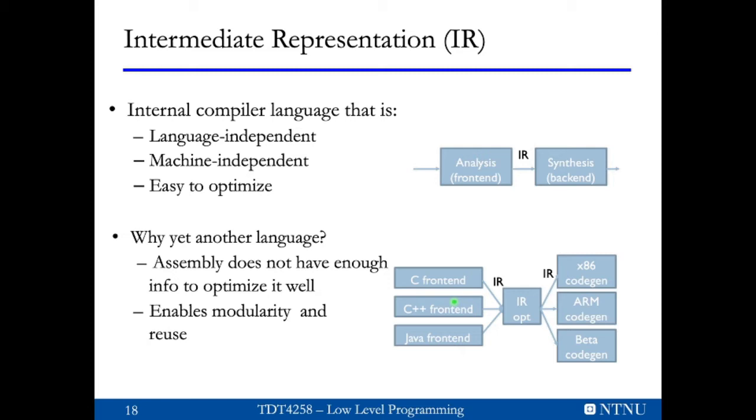Using the intermediate representation, you can reduce your work. You can just write a front end that parses and understands C and generates intermediate representation code. You can write another front end that parses and recognizes C++, generates intermediate representation, and so on. And from this intermediate representation, you can generate x86 code, ARM code, and so on and so forth.